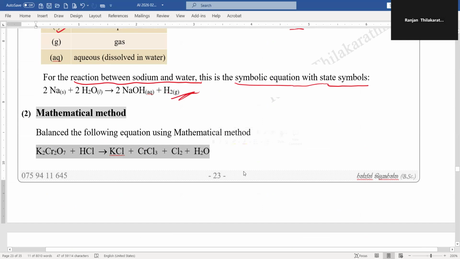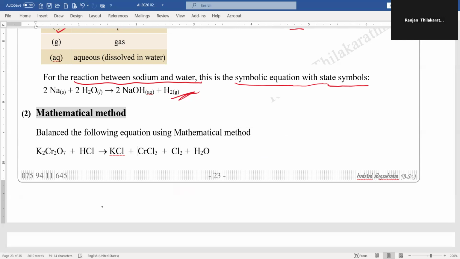The unbalanced reaction is given, or some data will be given so that you can decide what the products are. Now, if you know the products, then you can write down the equation. In this particular case, they have given that.